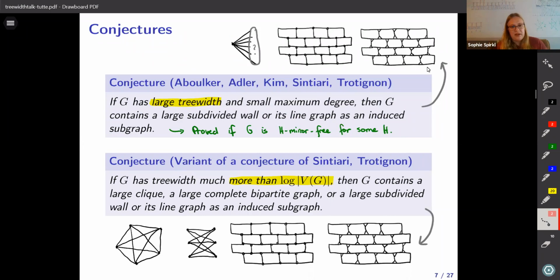Right, what happened in layered wheels is we found something different with large tree width, but to make tree width bigger, we needed to add a constant factor more vertices. In other words, layered wheels have logarithmic tree width, and maybe there's a truth in that. If tree width of a graph is actually much more than logarithmic in the number of vertices, then maybe it's one of the four somehow well understood families of things that give G large tree width.